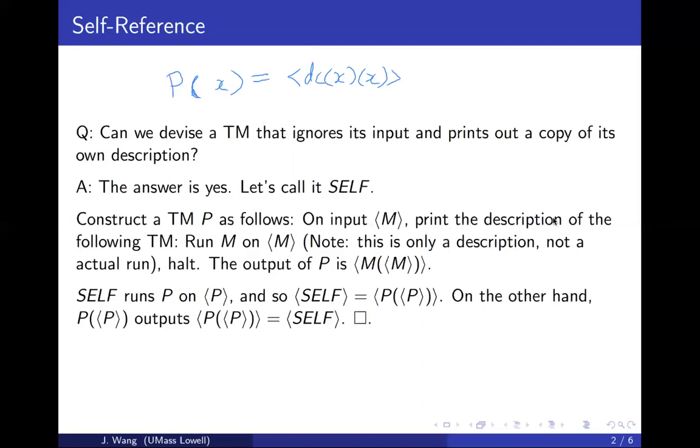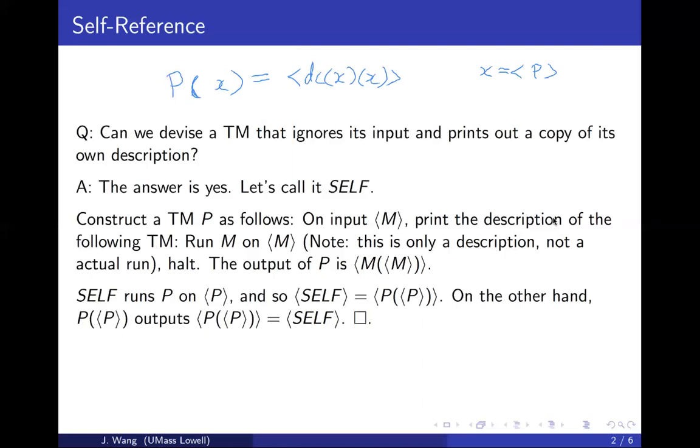But then when we put X to be the encoding of P, because P takes any X, then of course P itself is a Turing machine.